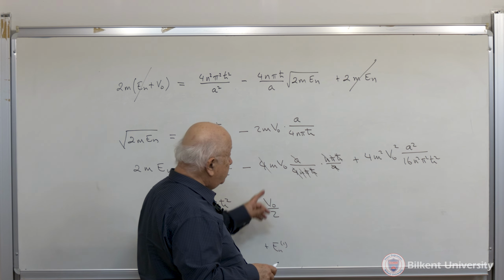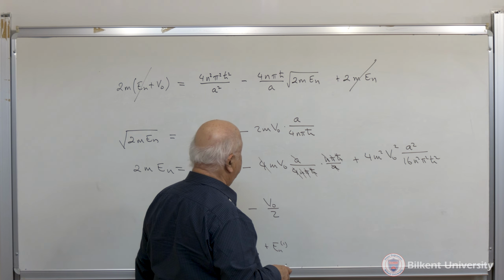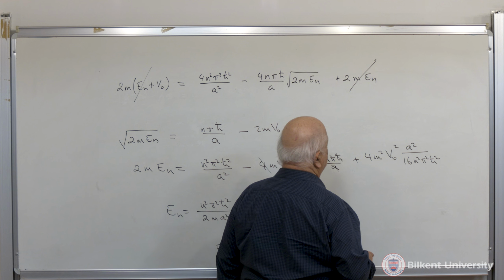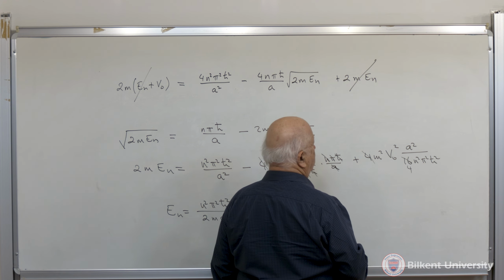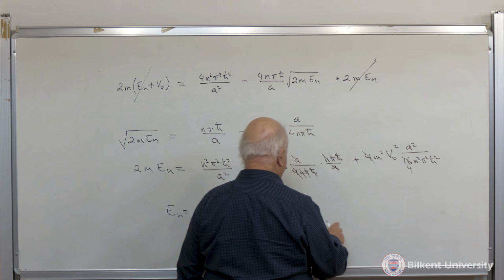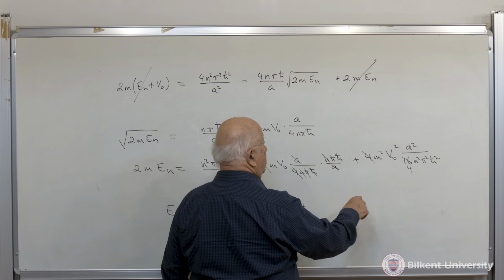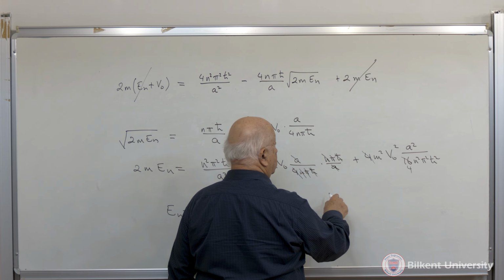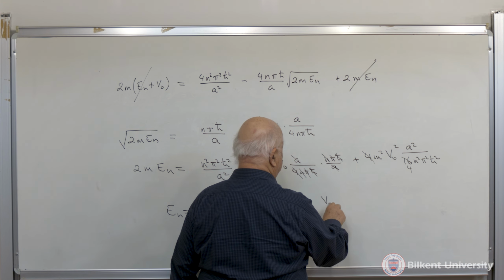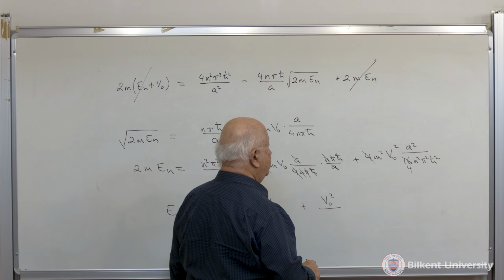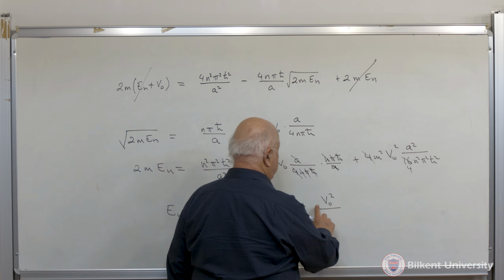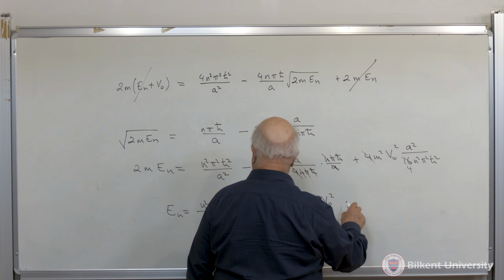And then we have something here which we have to work out. So 4, and we are left with, let me just write that down, V0 squared, divided by, well, let me write it separately.